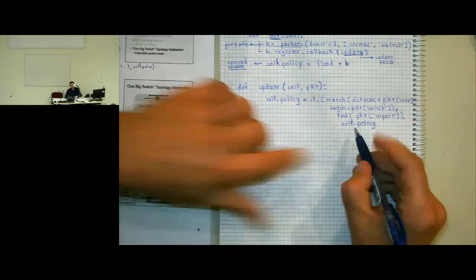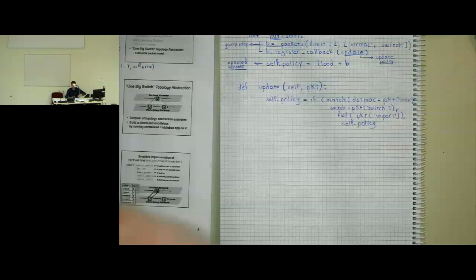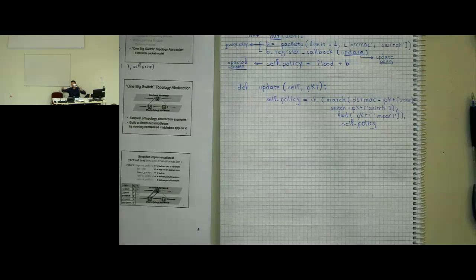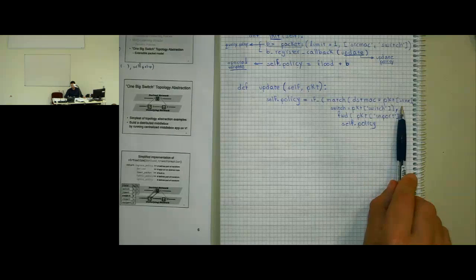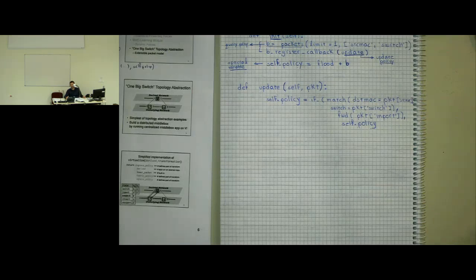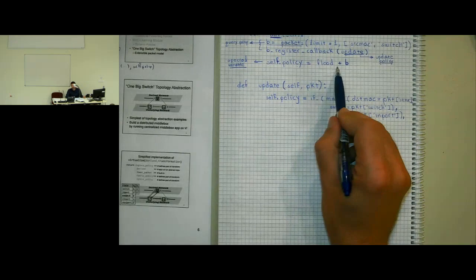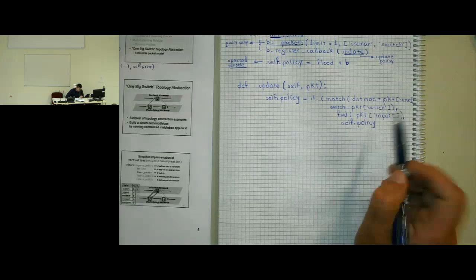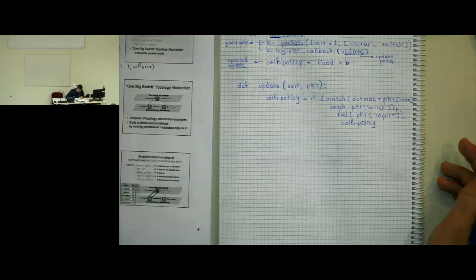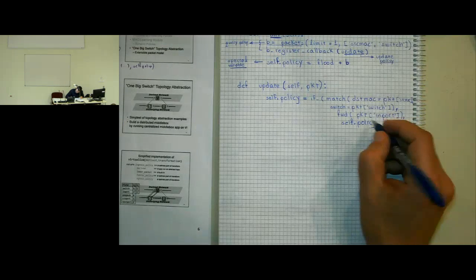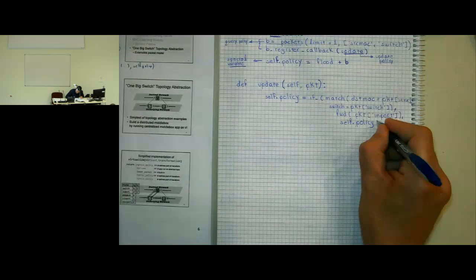So this variable, over time, for every new packet, gets extended with more and more match statements that match the MAC addresses of the packet. So the first time it will be flood, but otherwise it will be extended. Okay, here this closes, and here we close the statement.